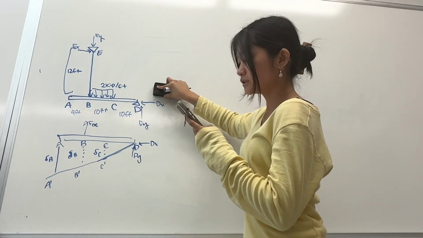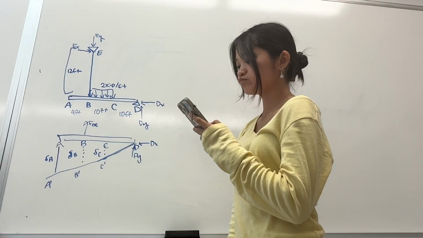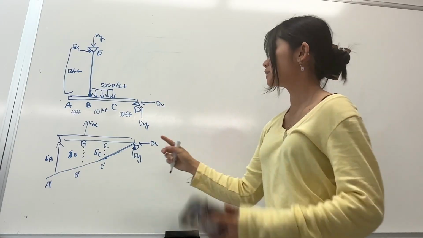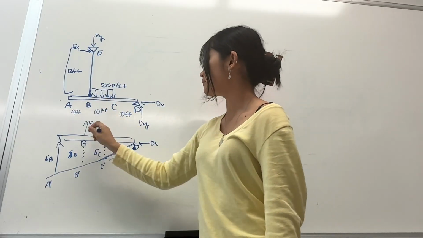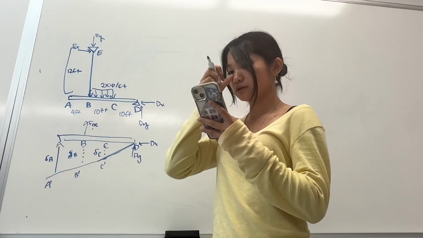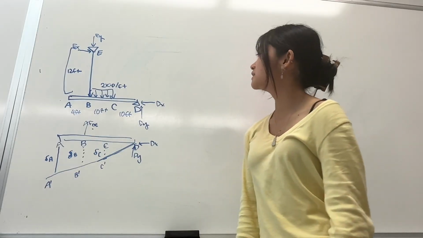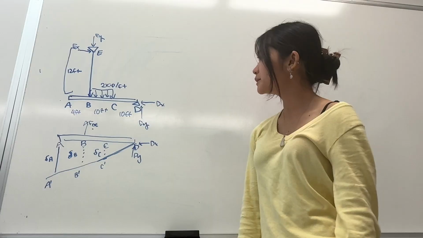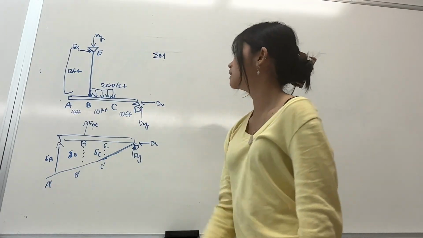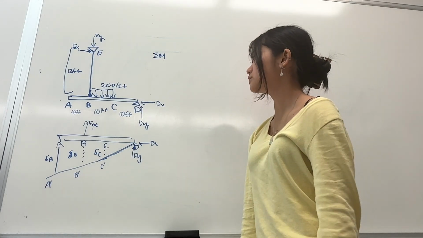But first, we can do our equilibrium equations to find the force of BE, right? So first of all, I keep saying first, we can do moment. So we can do a moment equation. And if I had to choose, we can choose B.